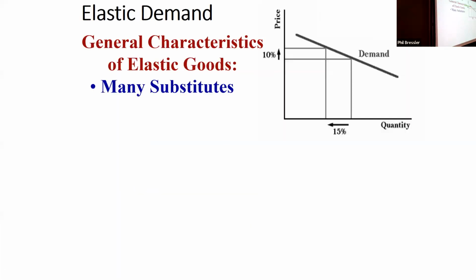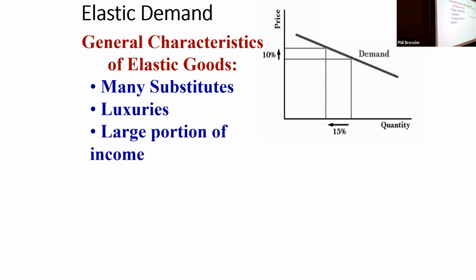Okay. Elastic general characteristics: many substitutes. That's what makes it elastic. Like soda, if Coke is expensive, I could go and buy Pepsi or any of thousands of products. They're luxuries, so I could do without them. Large portion of income and plenty of time.